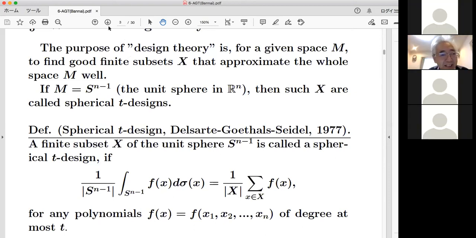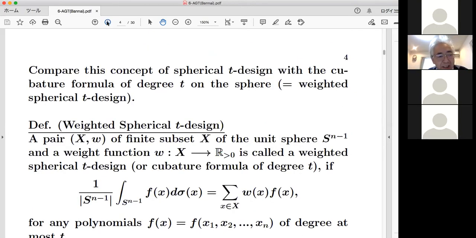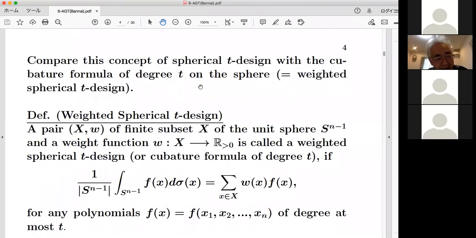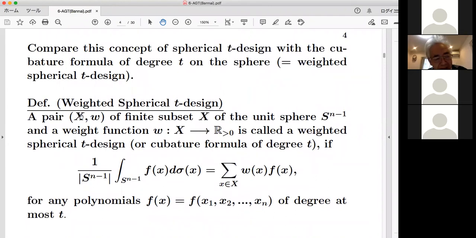then it is called a spherical t-design. Okay. And also, we can define the so-called weighted spherical t-design. Another name is quadrature formula of degree t. This time, we have a finite set X and a weight function w from X to positive real numbers. Then this pair (X, w) is called a weighted spherical t-design, or quadrature formula of degree t, if this condition is satisfied.